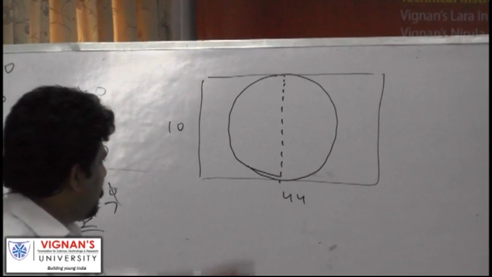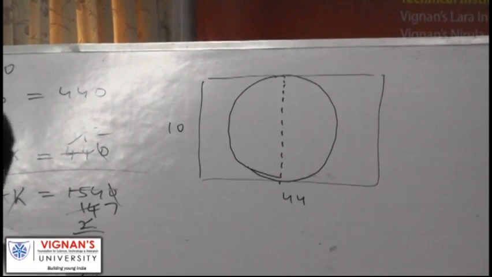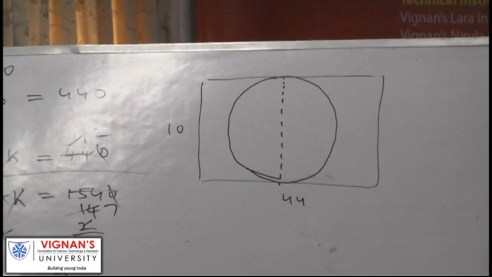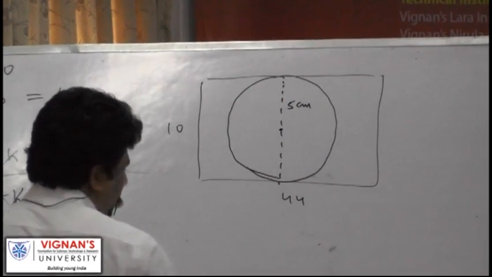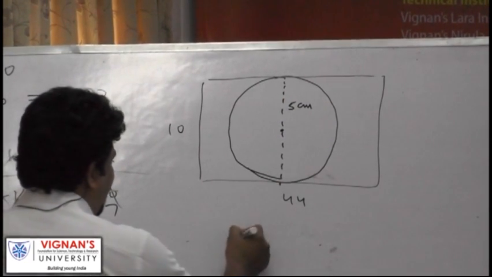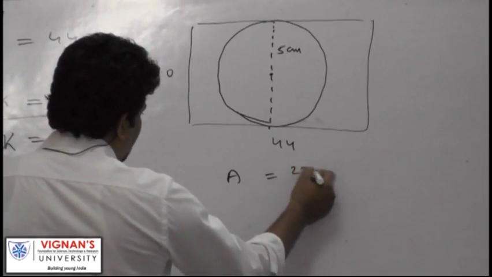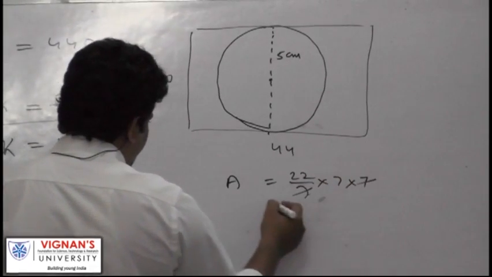Now let us find out the area of this circle. Diameter is 10 centimeters. Then what is the radius of the circle? 5 centimeters. So what is the area of the circle? Pi r square. Pi is 22 by 7 into 5 into 5. So what is it?